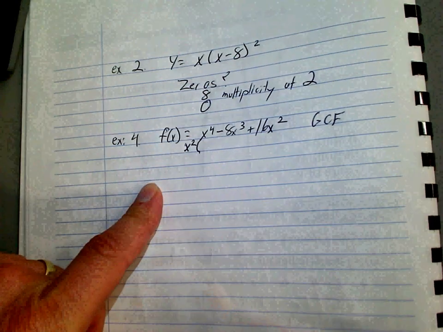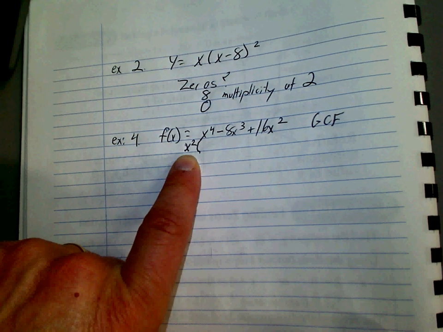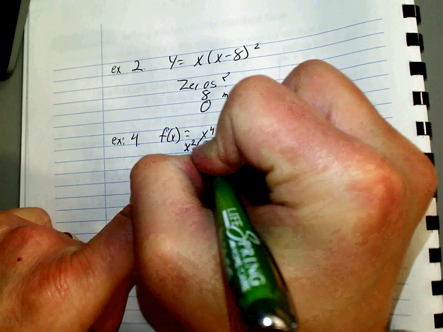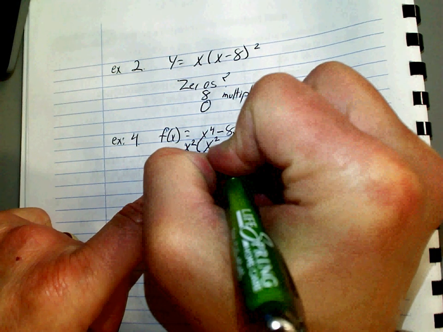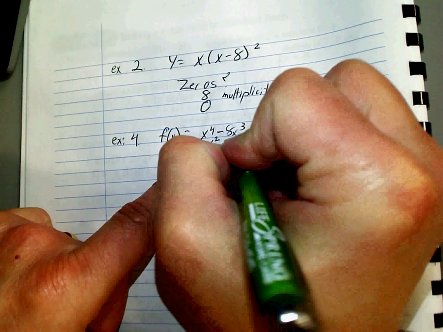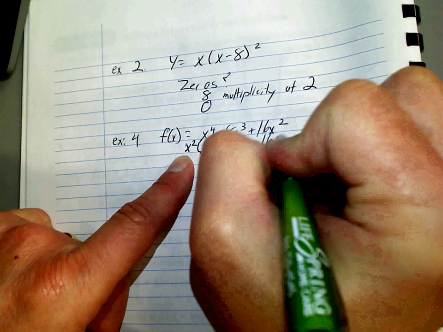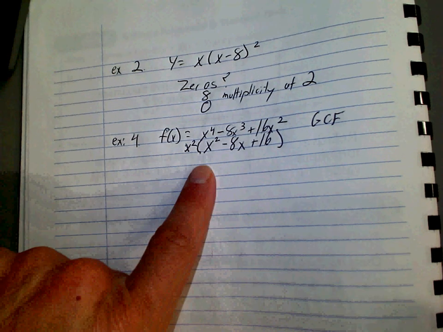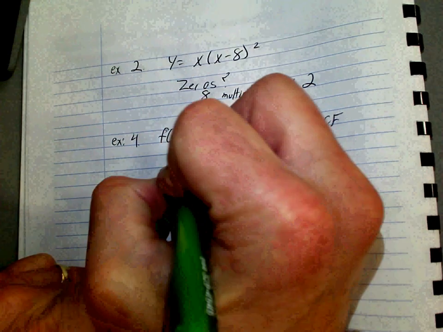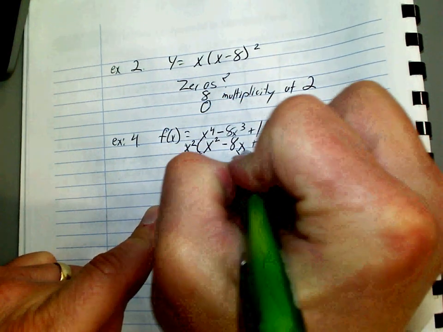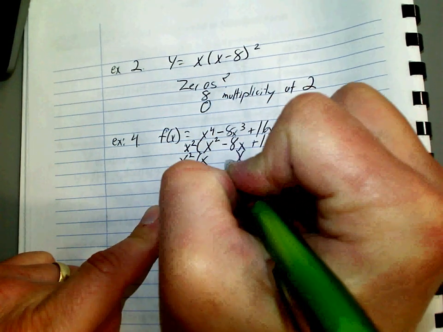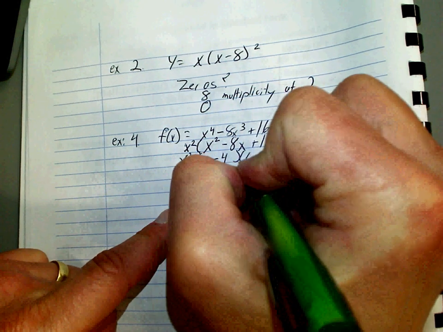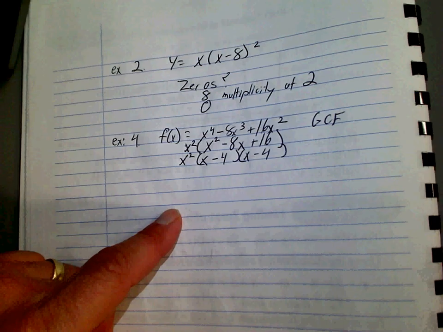If I bring an x squared out, I would end up with x squared minus 8x plus 16. Does that trinomial factor? Oh, it's minus 4, isn't it? Perfect square trinomial.